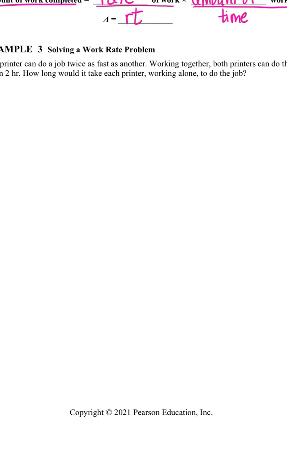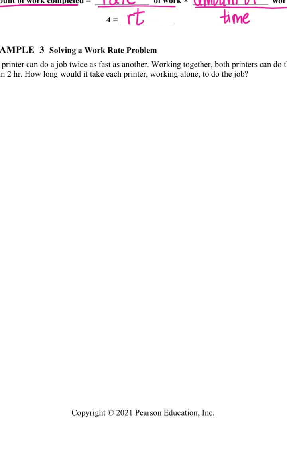So let's assign a variable. We're going to let x represent the number of hours that it would take the faster printer working alone to do the job. So the time for the slower printer to do the job alone is 2x hours.